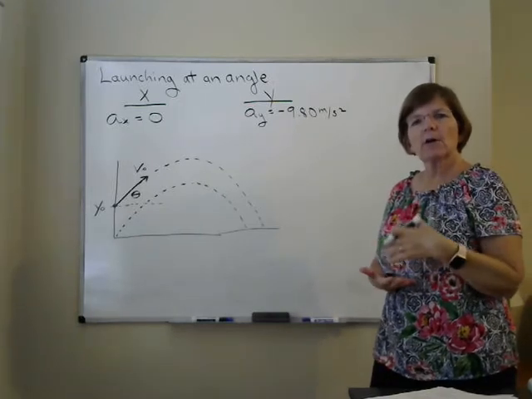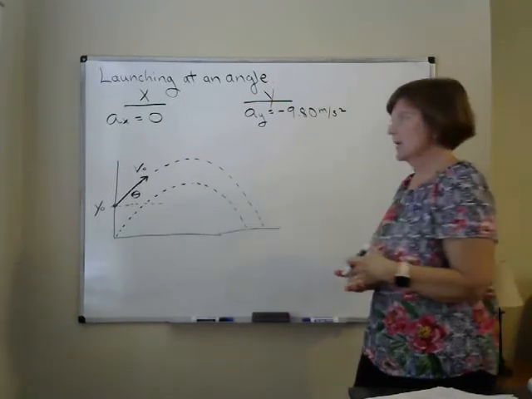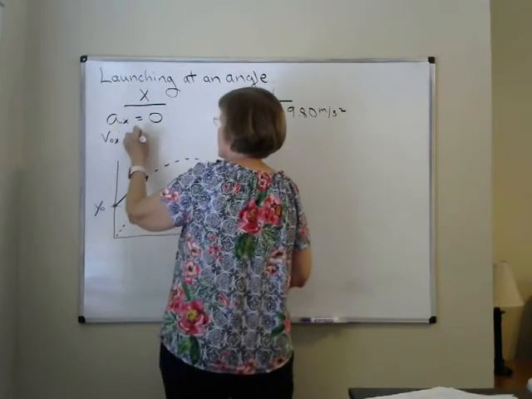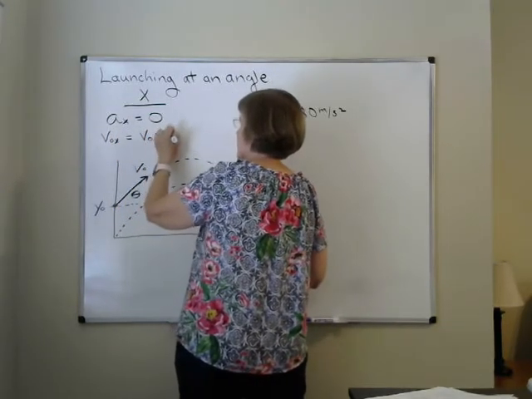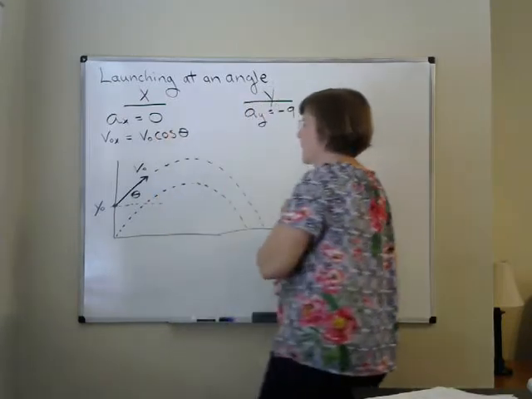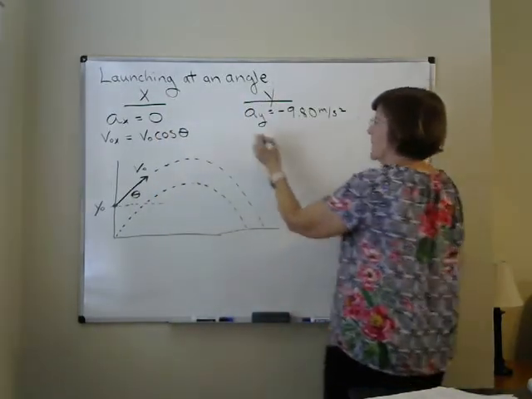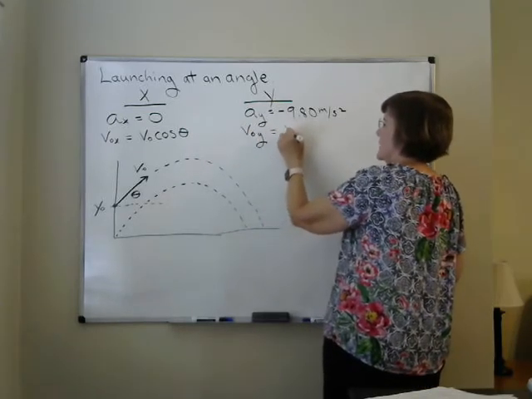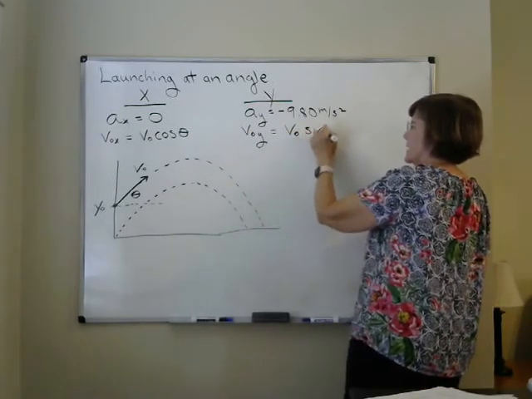There's a horizontal and a vertical component to the velocity. So v0x is v0 cosine theta. The vertical component is v0y, and that is v0 sine theta.